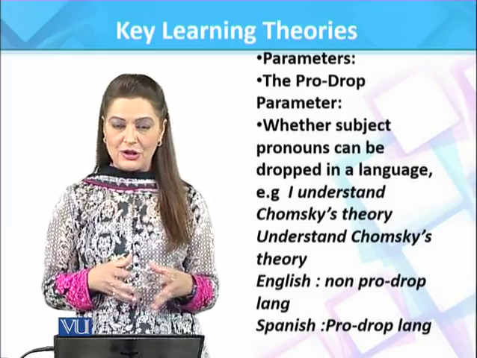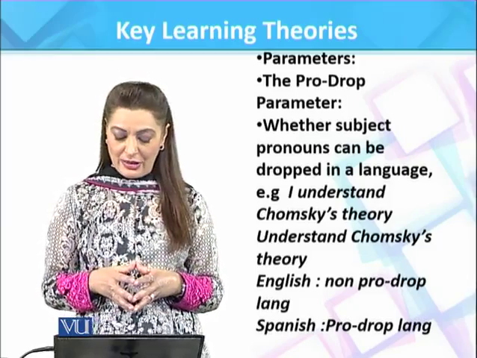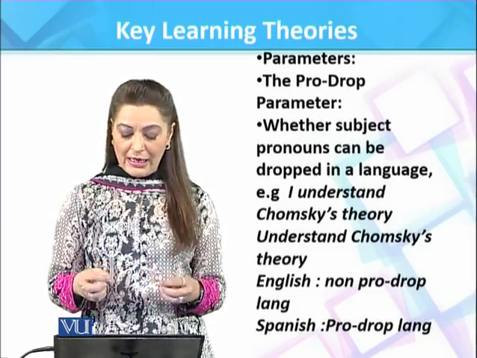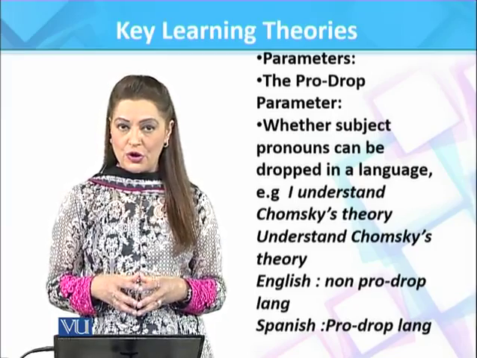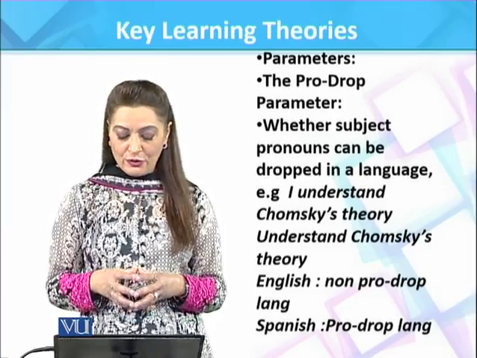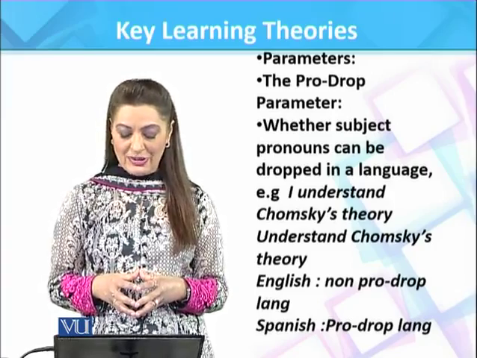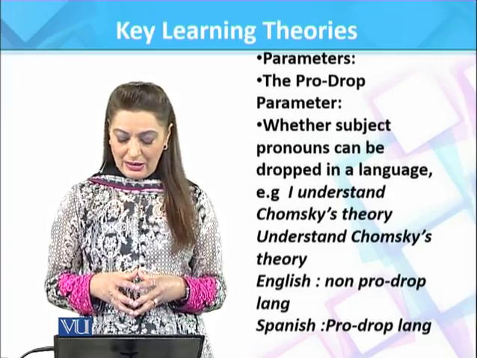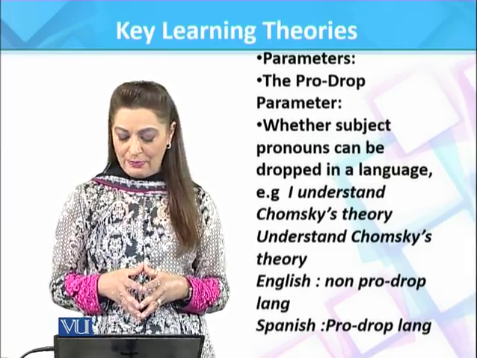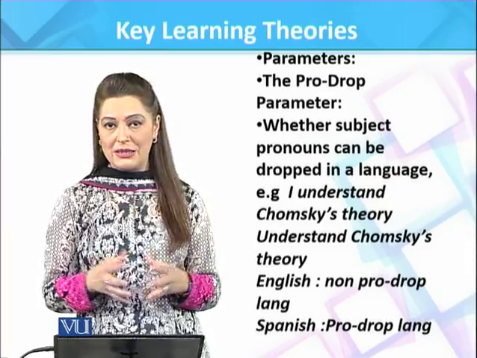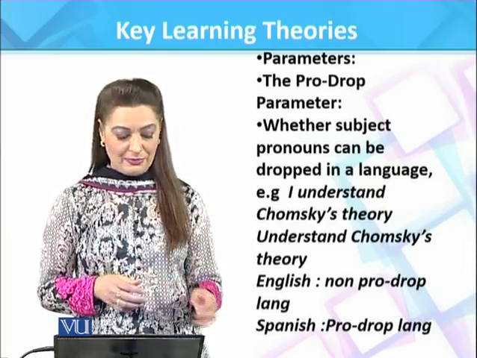Understand Chomsky's theory is incorrect. In the English language, we do not have the pro-drop parameter. You have to have a subject, which is I. In the Spanish language, you can have a pro-drop language, that is, minus subject.